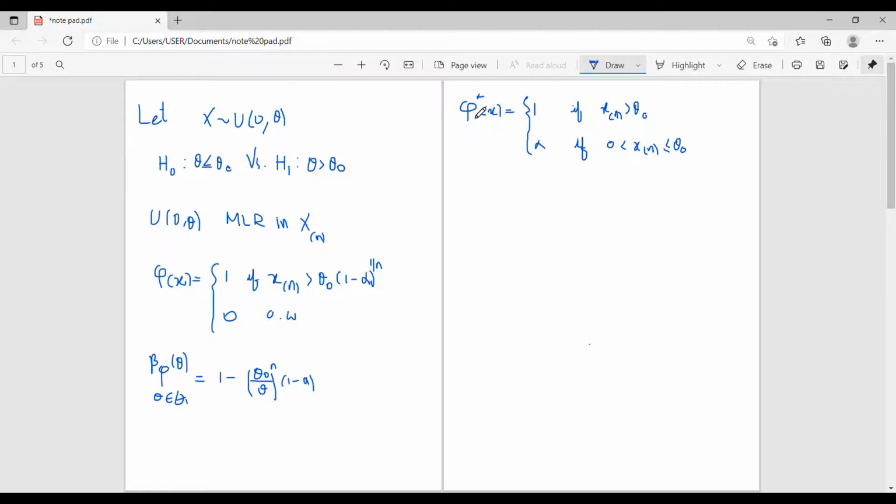Now let's check the size of the test phi star of x, which is given by the expected value of phi star of x when theta belongs to theta naught.